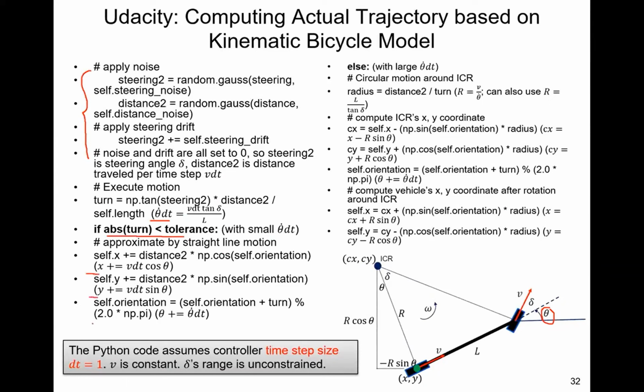Here in the code, they have this modular 2 pi. If it's higher than 2 pi, you just subtract 2 pi. This doesn't change any operation.